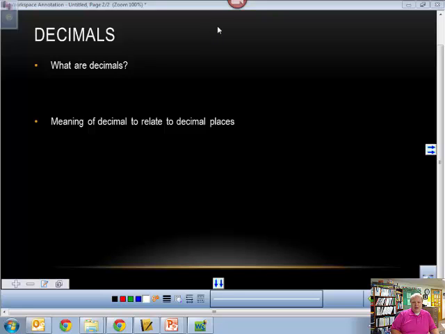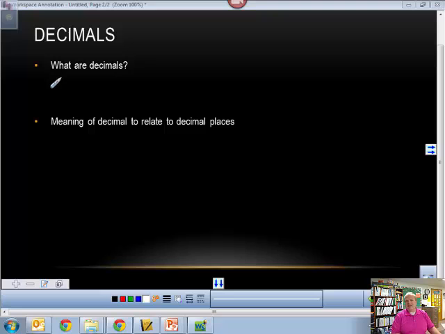Now let's think about things that are divided into tenths. If I take a pie and divide it into 10 slices, each one of those slices is 1/10, right? A dime is worth 10 cents, which is also 1/10 of a dollar. That's why you need 10 dimes to equal a dollar.